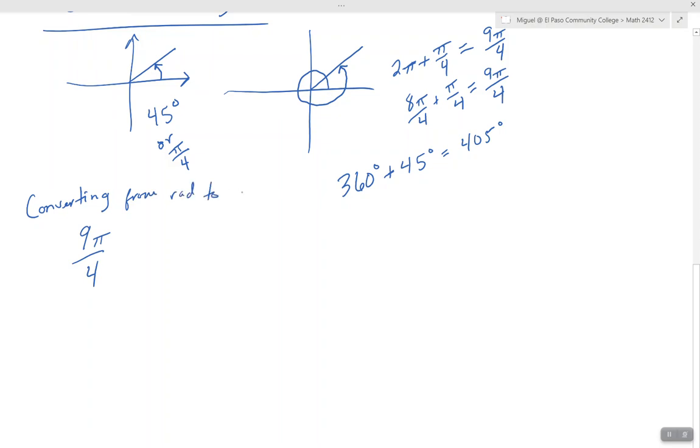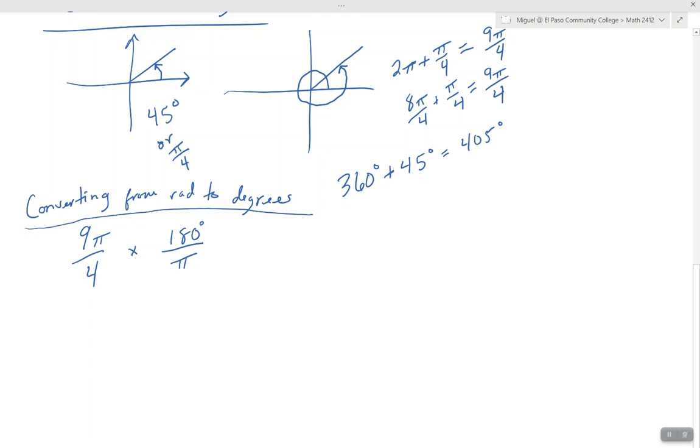radians to degrees. So let's check our answer by doing a conversion. So this is 9 pi over 4 radians. We want to convert to degrees. So we're going to multiply by 180 degrees for every pi radians.